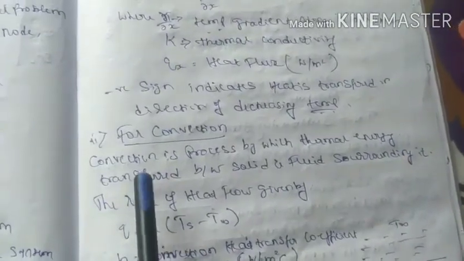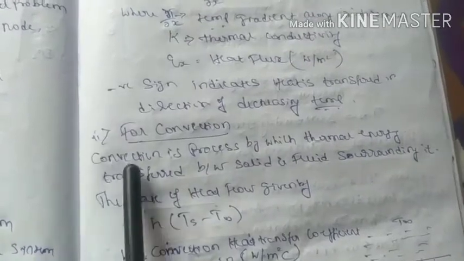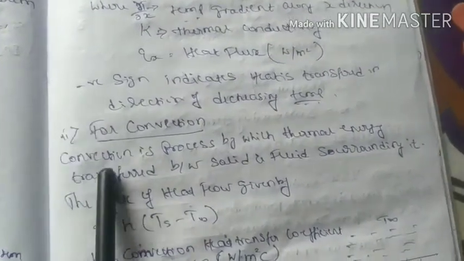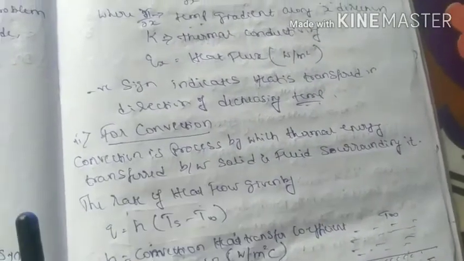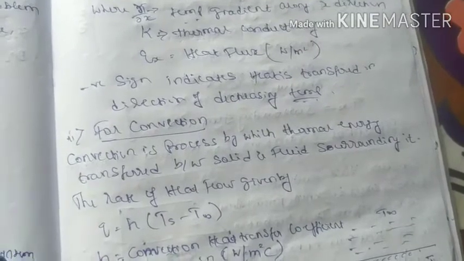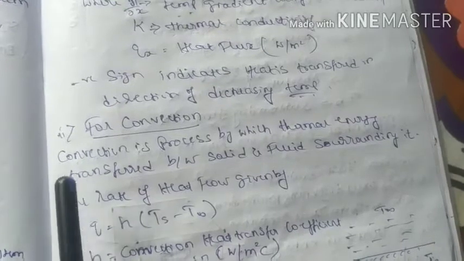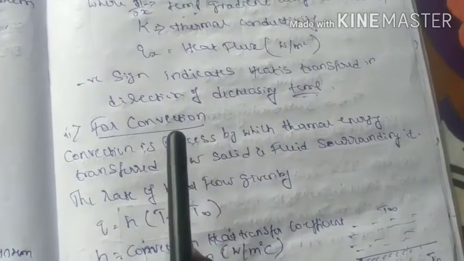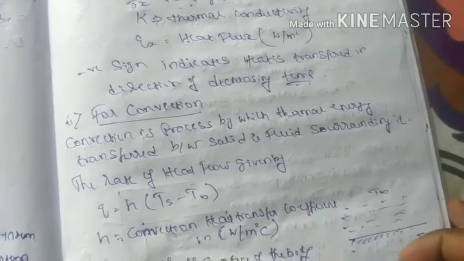Next one is convection. Convection is a process by which thermal energy transfer takes place between a solid and a fluid surrounding it. It is called fluid, not liquid. So here heat energy transfer takes place from solid to fluid, and that is called convection.